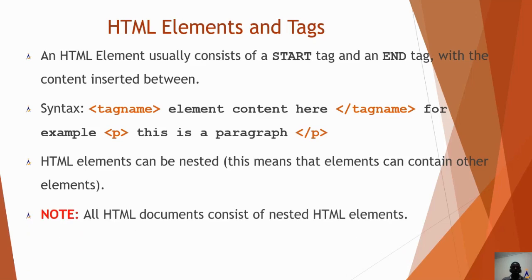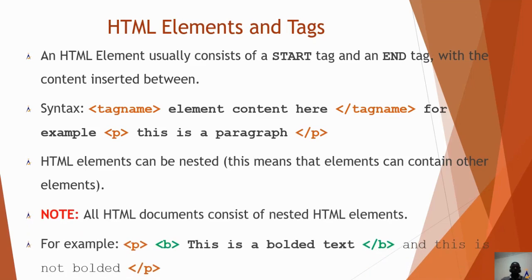For instance, we have a p tag defining a paragraph, but in between the p tags we have b, defining bold text. So you can find that the b is nested inside the p tag.